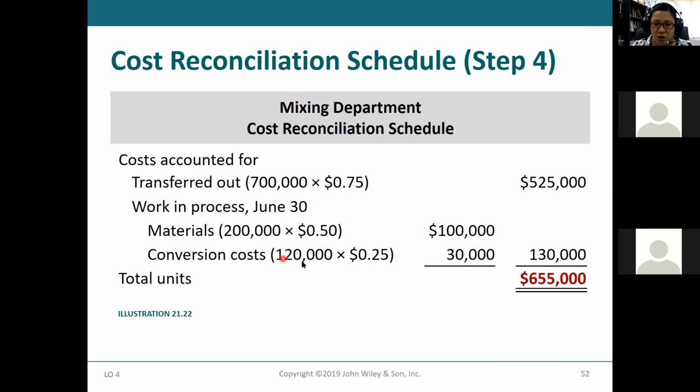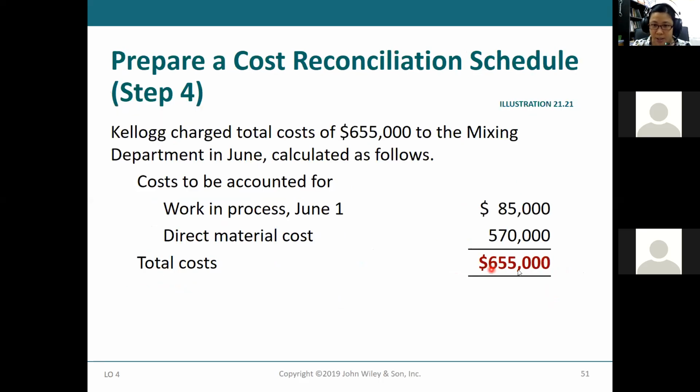And conversion, 120,000 times 0.25, that will be 30,000. Class, add together, your answer should be 655,000. This is not total unit, we call it total cost. Can you correct that for me? This one should be total cost, not total unit. The total cost is 655,000, the same as here.